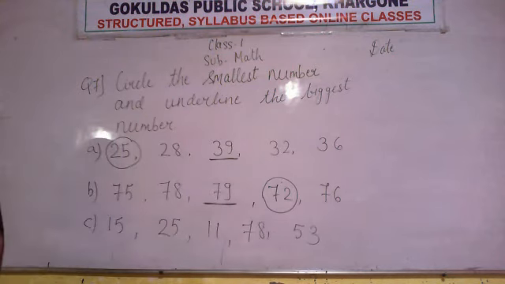You have to identify the smallest number and circle it, and after that identify the biggest number and underline it. So try to solve this question yourself.